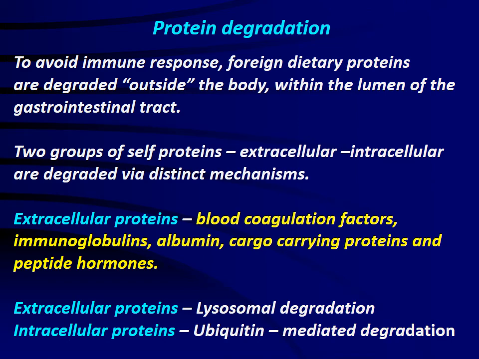Protein degradation. To avoid immune response, foreign dietary proteins are degraded outside the body within the lumen of the gastrointestinal tract. Two groups of cell protein, extracellular and intracellular, are degraded via distinct mechanisms.